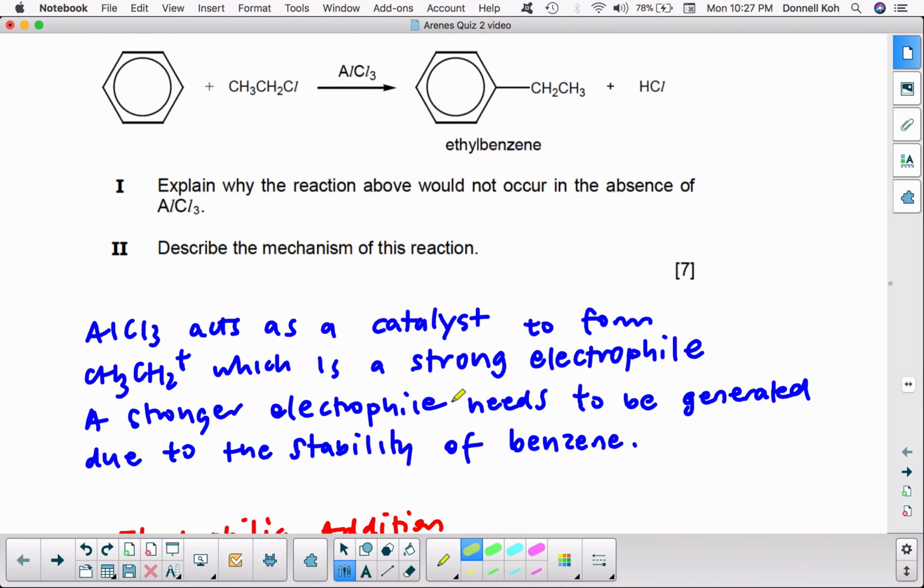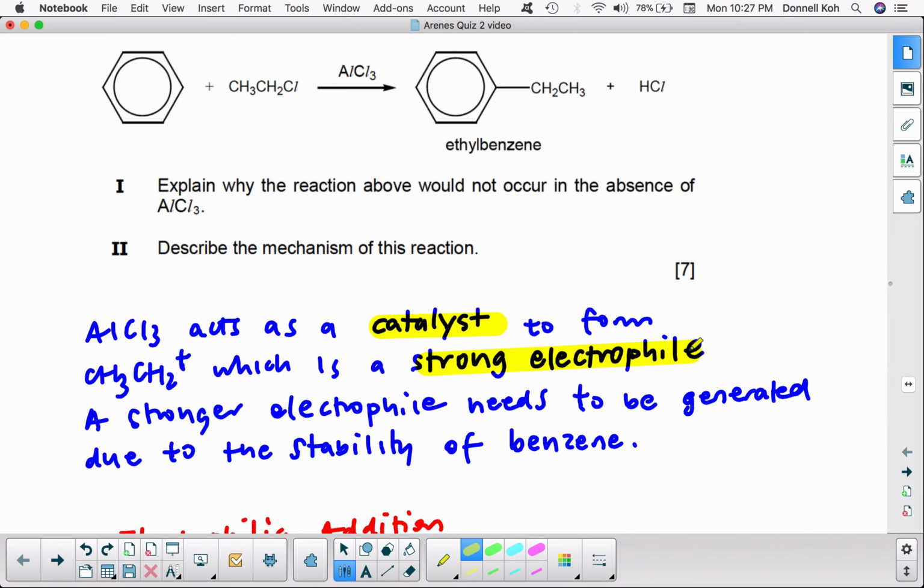So we are looking at some of the keywords: acts as a catalyst, and it forms CH3CH2+, which is a strong electrophile. A strong electrophile is needed in this case because benzene is very stable. It's resonance stabilized, so you need a very strong electrophile to attack the benzene ring.